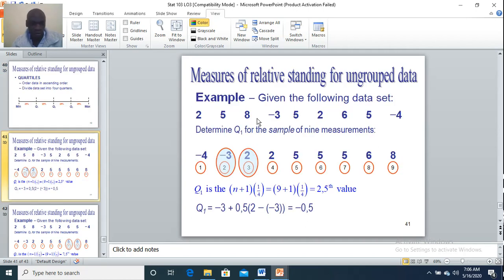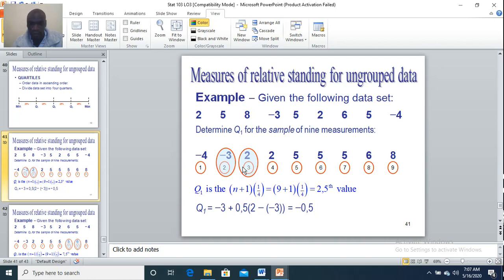From this we can see that if you are to find the lower quartile, we arrange again in order of size. Then we say n plus 1 divided by 4. Then we get the 25th position. So it's 1, 2. Between these two is where we find our quartile.